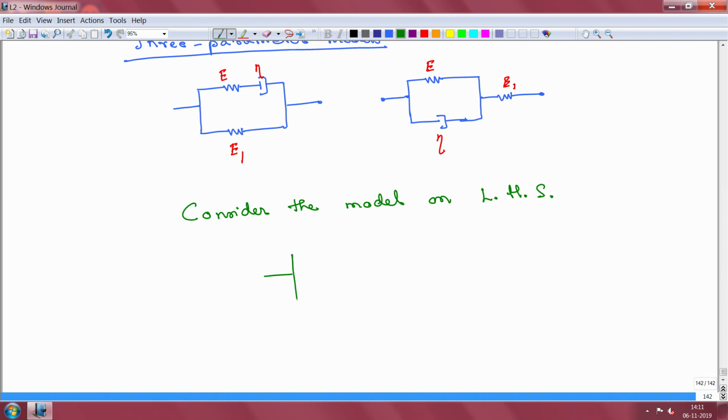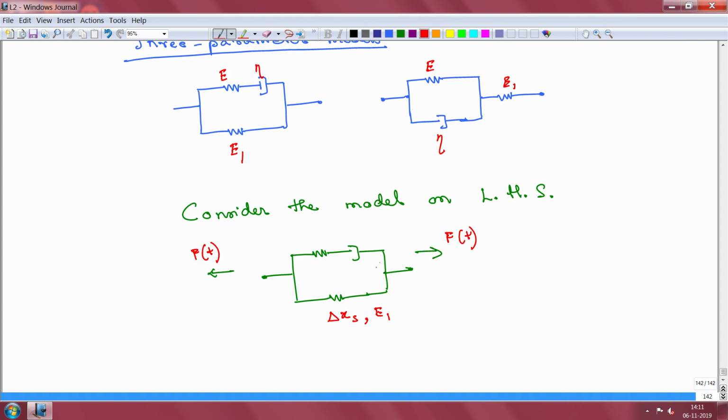So, what do we want? I am now going to start on labeling these. So, there is some force, let us say F t, that is being applied to the entire system. Let us say this is your spring, your displacement in the spring, and we know that the moduli here is E 1.